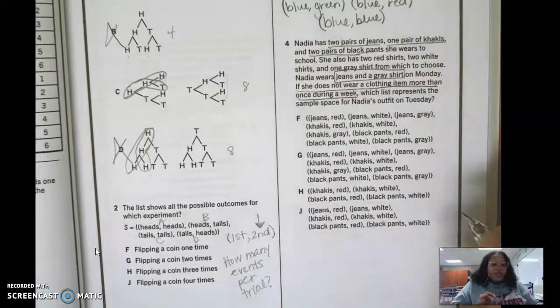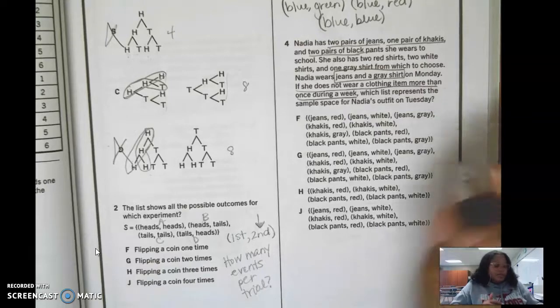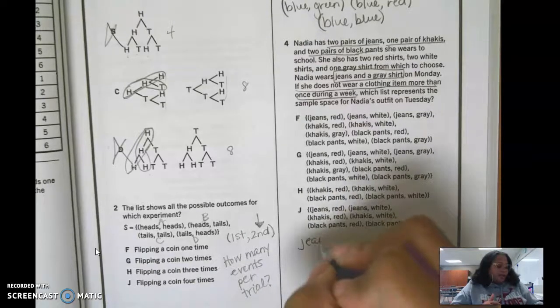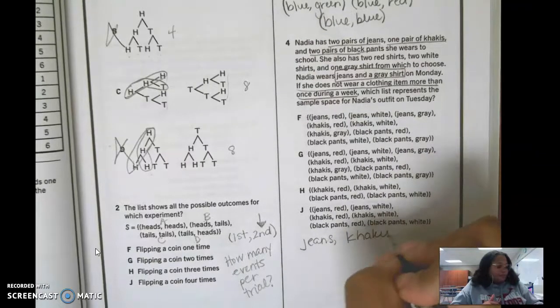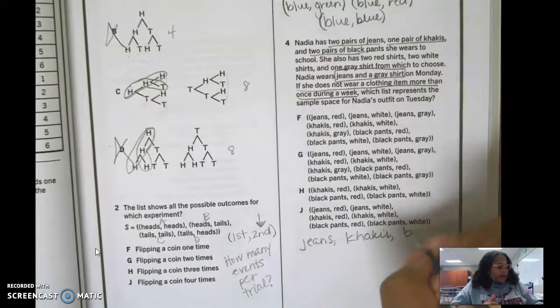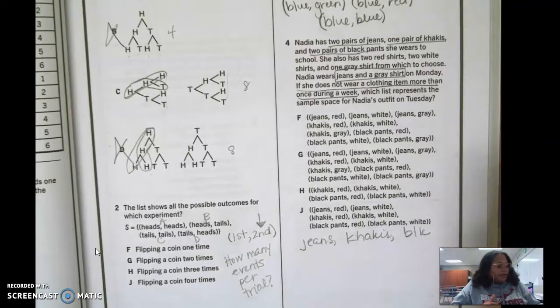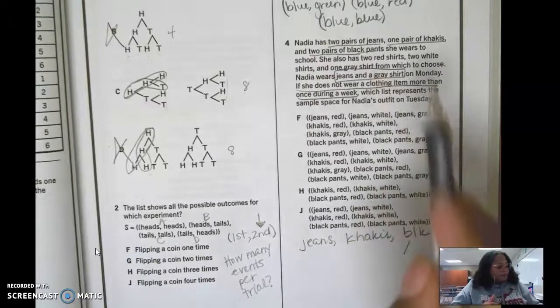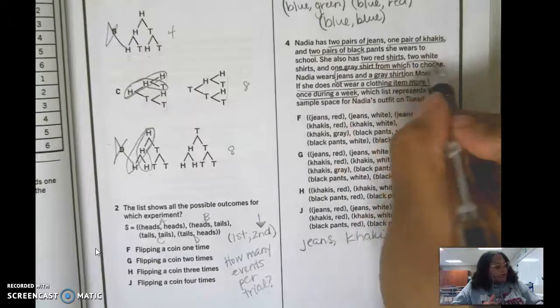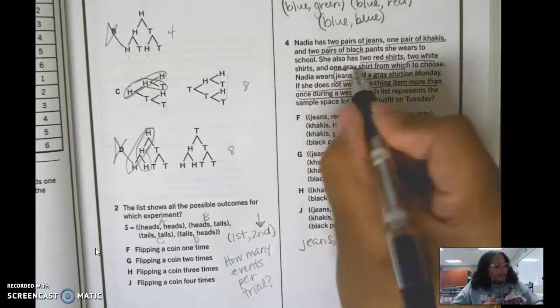Can I wear that gray shirt again? No. Can I wear that other pair of jeans again? No. But I still have another pair of jeans to consider. So I can wear jeans, I can wear khakis, and I can wear black pants. And with the black pants, I can have a white shirt, gray shirts out of it, okay?